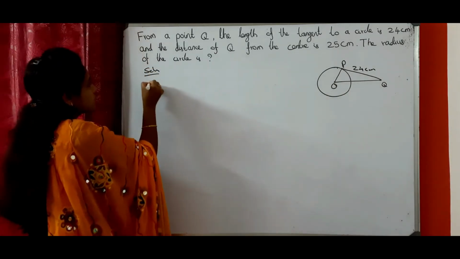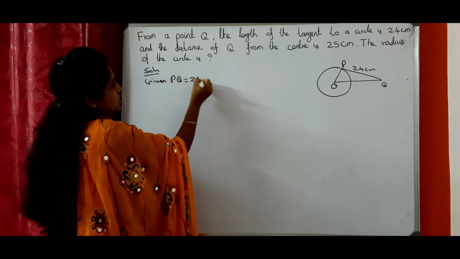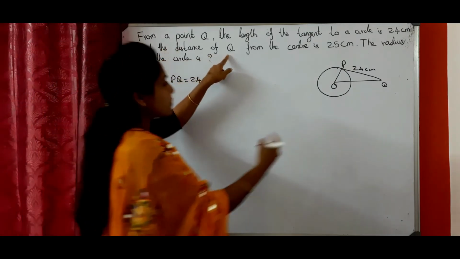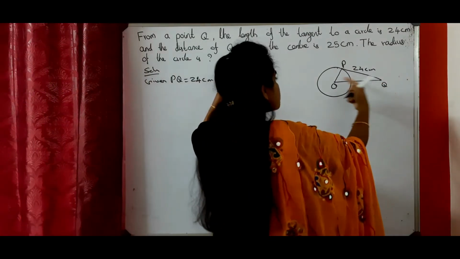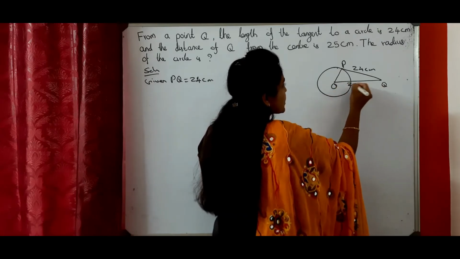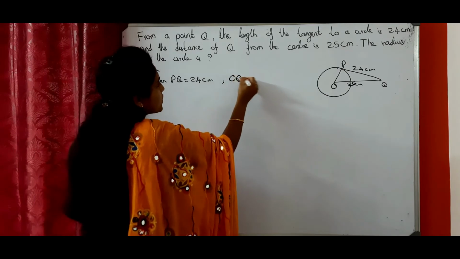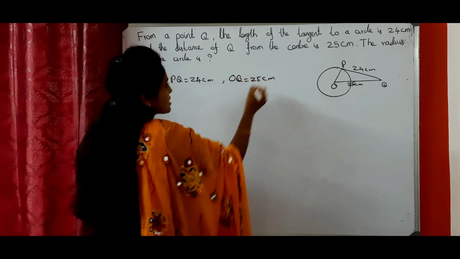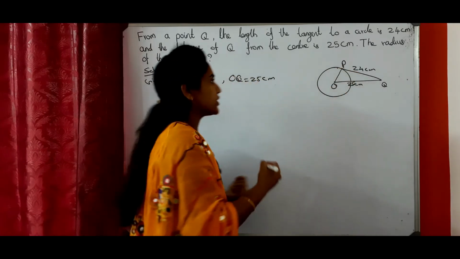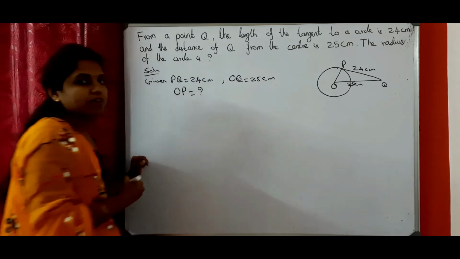So given PQ equals 24 cm, and also they have given the distance from the point Q to the center is 25 cm. That means OQ equals 25 cm. What we need to find? The radius. Here what is the radius? OP we need to find. We need to find the OP value, right?